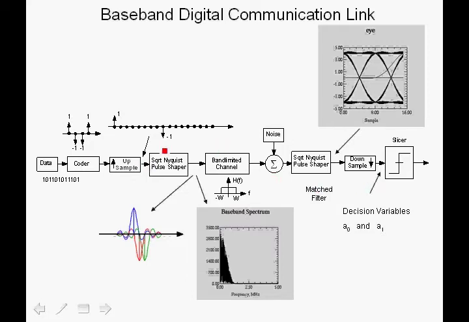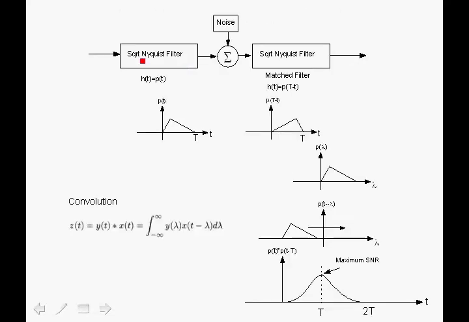And we'll come back to this block diagram as we discuss the different components in more detail. Here we show the simple model of the case where we have the square root Nyquist filter at the transmitter, which could be a raised cosine Nyquist filter. And at the receiver, we have the square root Nyquist filter, which is a matched filter to the transmit filter.